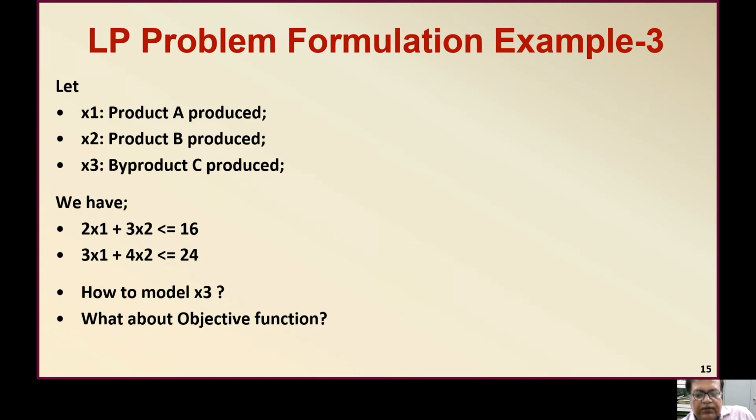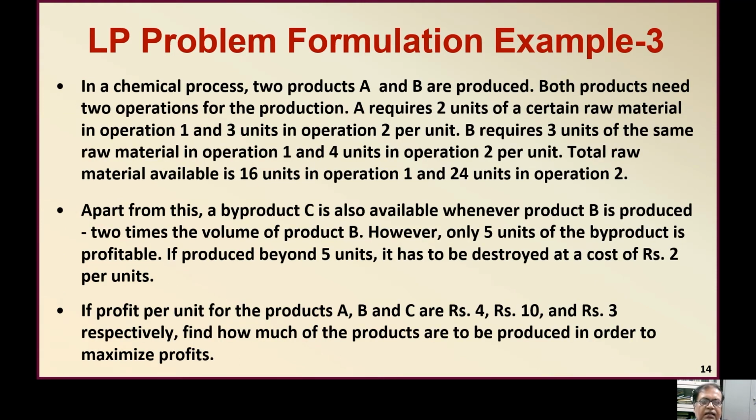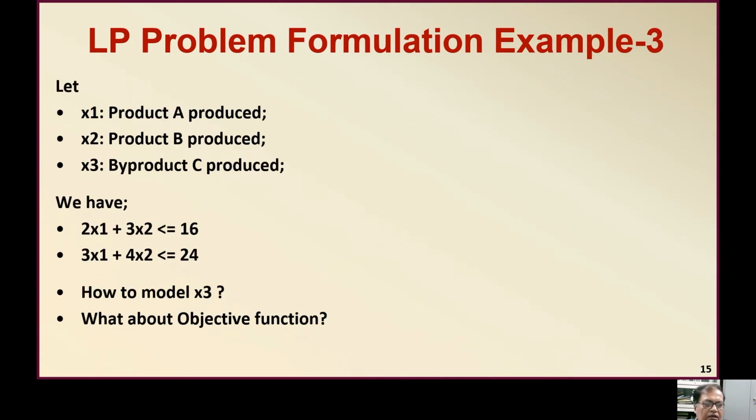So let us say, suppose you take only 3 variables. x1 is the product A produced, x2 is the product B produced, and x3 is the byproduct C produced. So two constraints are very straightforward from the raw material consideration: 2x1 plus 3x2 less than or equal to 16 and 3x1 plus 4x2 less than or equal to 24. So no issue there. Why? Because raw material is available, 16 units in the first process and 24 units in the second process.